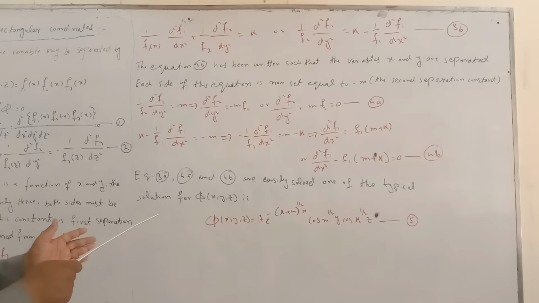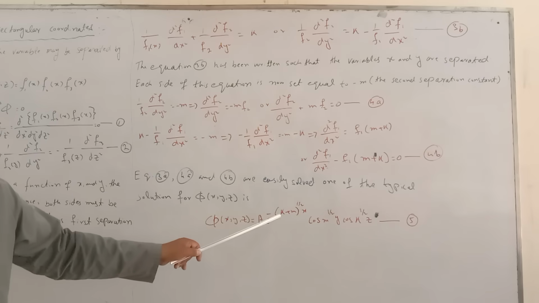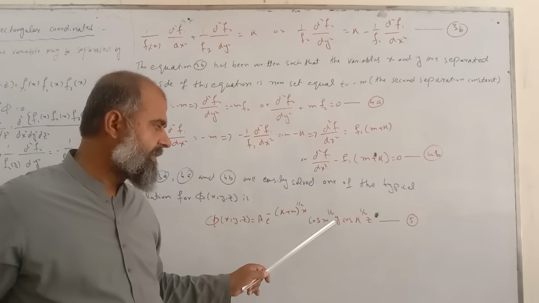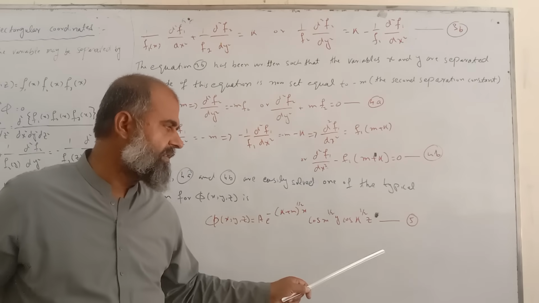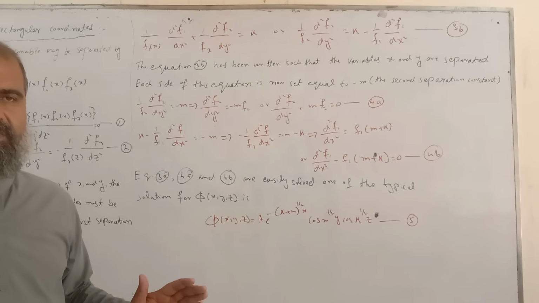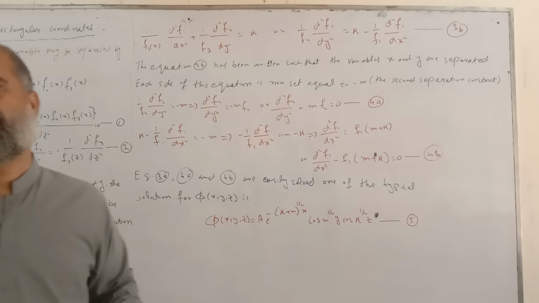So using these equations, the typical solution of phi is written as phi of x, y, z is equal to the exponential of minus the square root of (m plus k) x, times cos of the square root of m y, times cos of the square root of k z. So this was our task, to find the solution in the rectangular coordinate system.